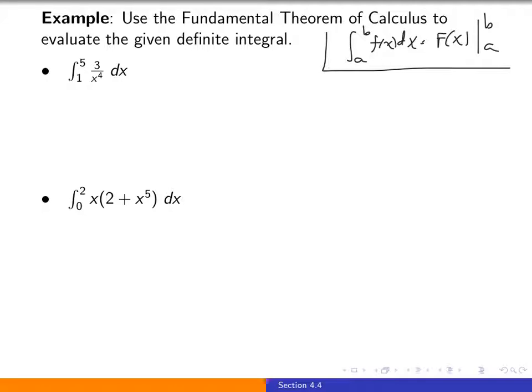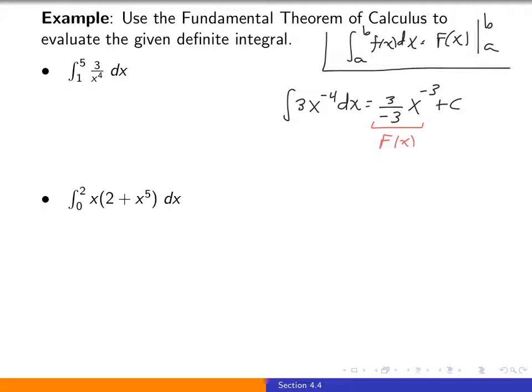Well, the antiderivative of 3x to the minus 4, well, our power n is minus 4, plus 1 is minus 3. So 3 over minus 3 times x to the minus 3. And we are going to think of that as being our function big F of x. That is an antiderivative of 3 over x to the 4.